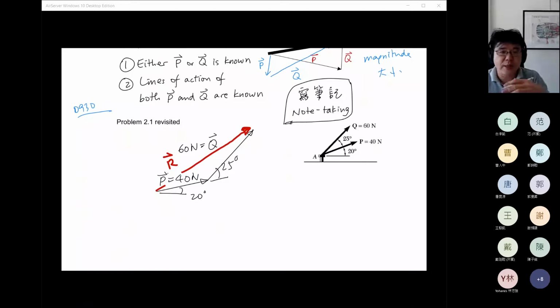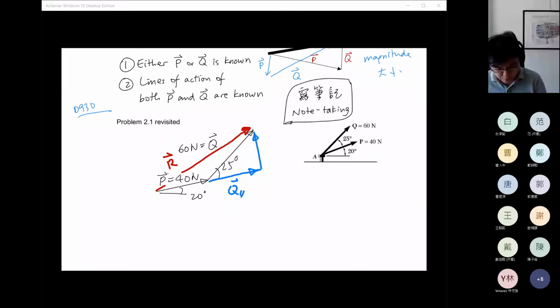Now we do it in a different way. Last time we did it using triangles. This time we are doing it by breaking down Q into two parts. One part is parallel to P. We call it Q parallel, and the other part is Q perpendicular.